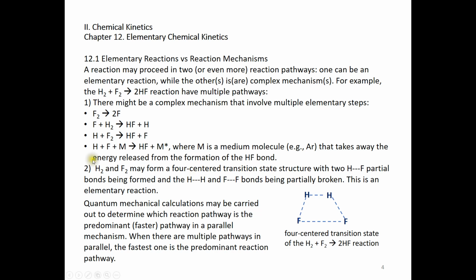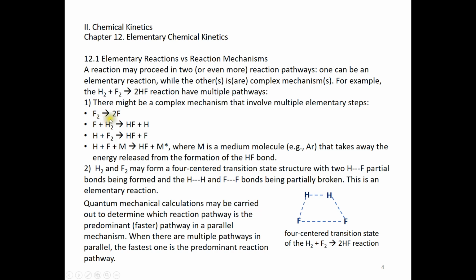For example, let's look at this reaction. H2 plus F2, we can form 2 hydrogen fluoride, and it can involve different reaction pathways. So first, let's look at one complex mechanism that involves multiple elementary steps.